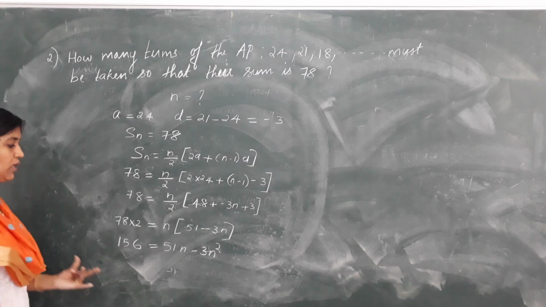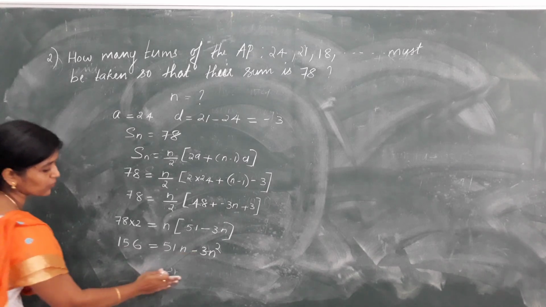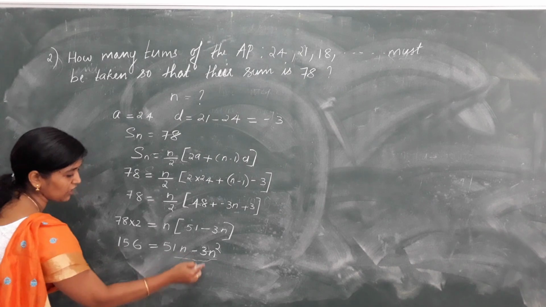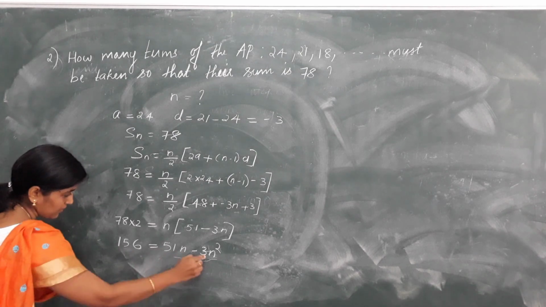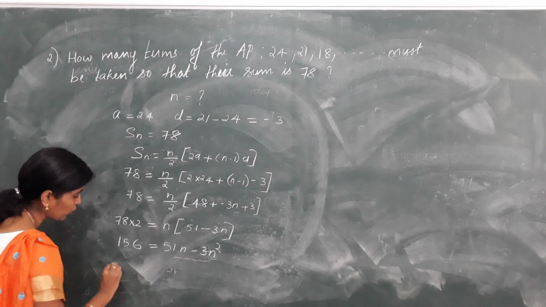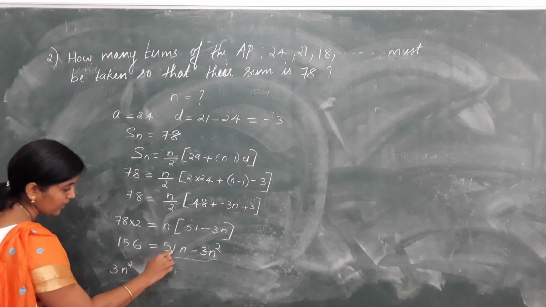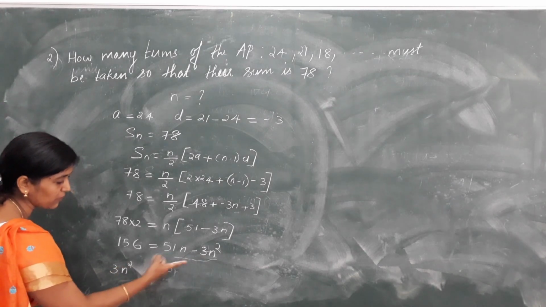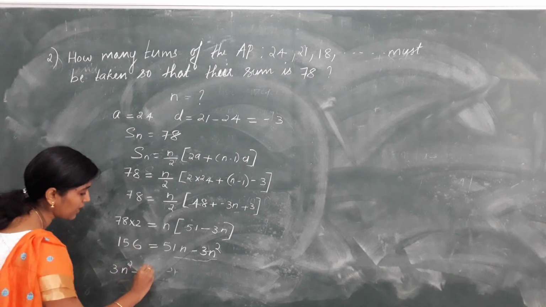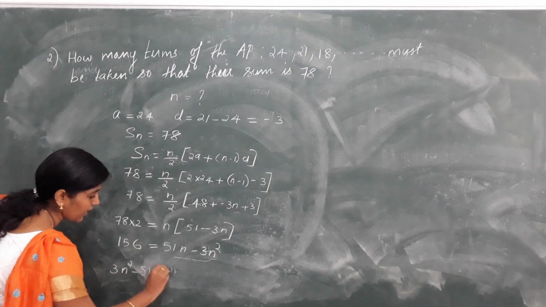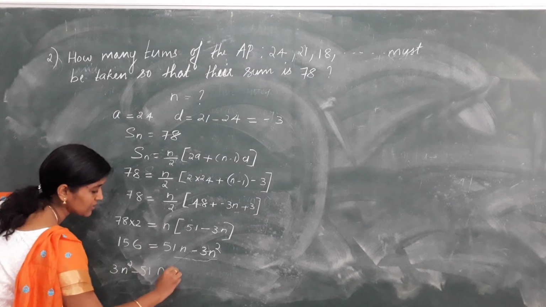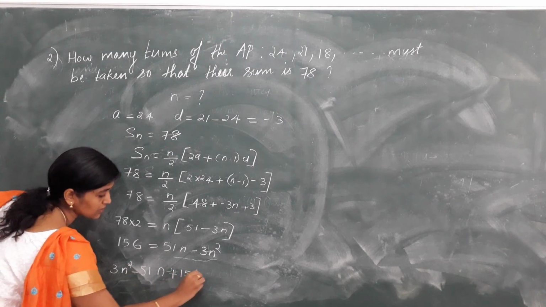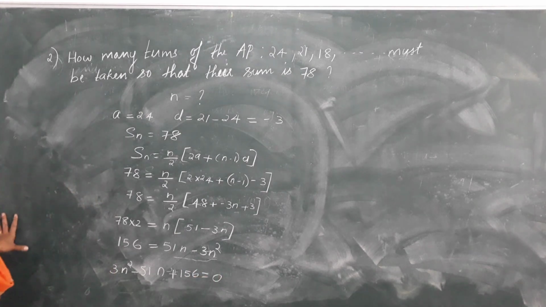Again we can rearrange the equation and transpose the terms to the LHS. So negative 3n square will come positive 3n square. Here it is positive 51; when I transpose it becomes minus 51, and here 156 is already there, so you get plus 156 equal to 0.